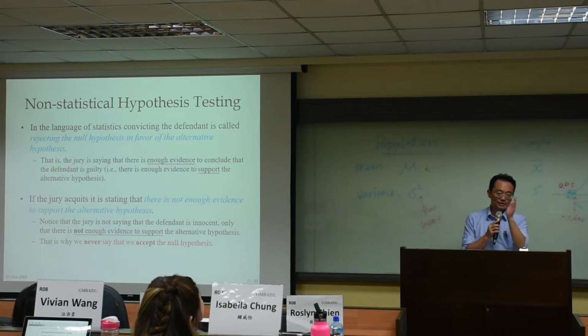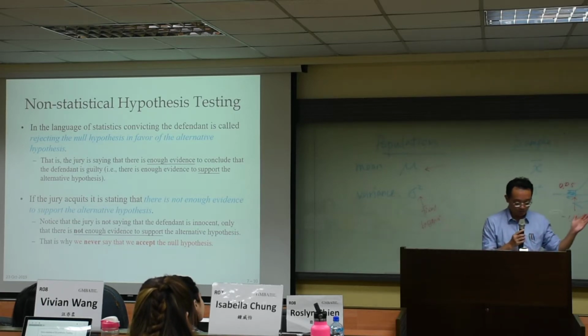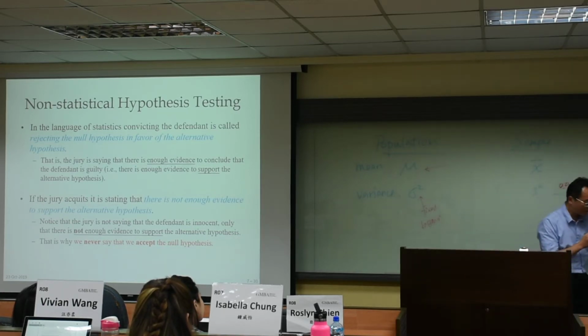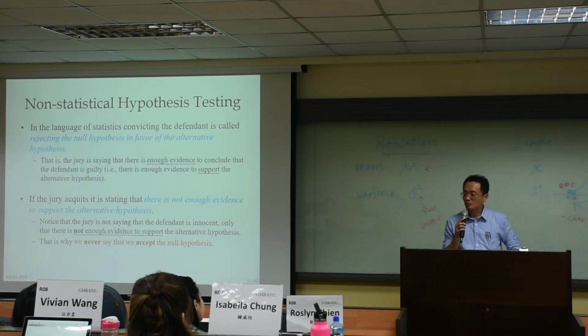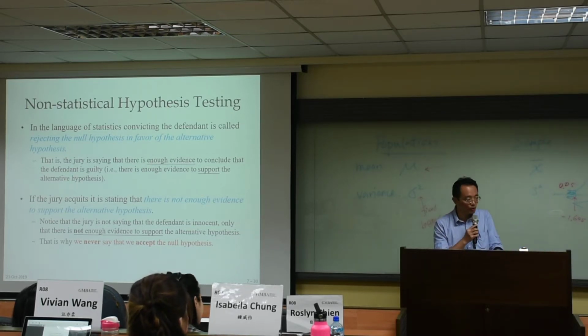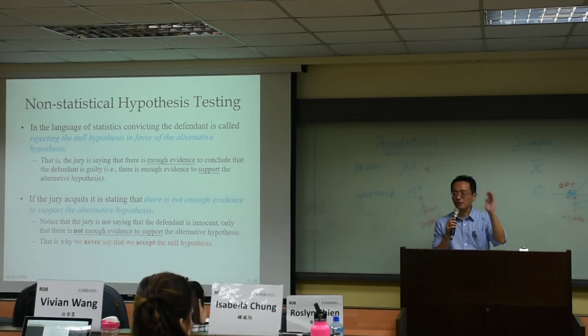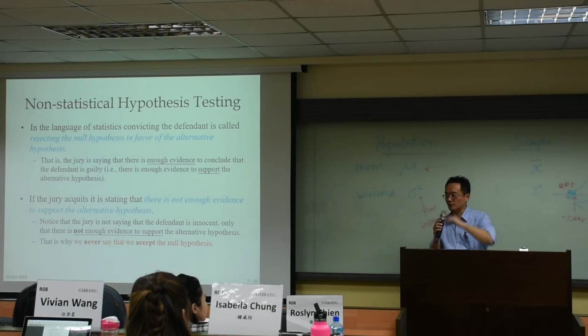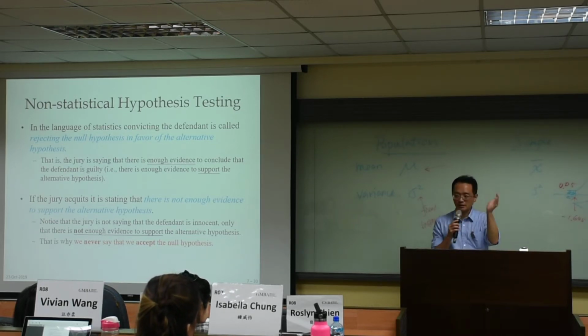Okay, well, this is the statistical language. Statisticians will never say we accept the null hypothesis. We will never say we support the null hypothesis. Perhaps in plain language, in daily conversations, you will say, oh, we accept the hypothesis. But in statistical settings, statisticians will never say such words.